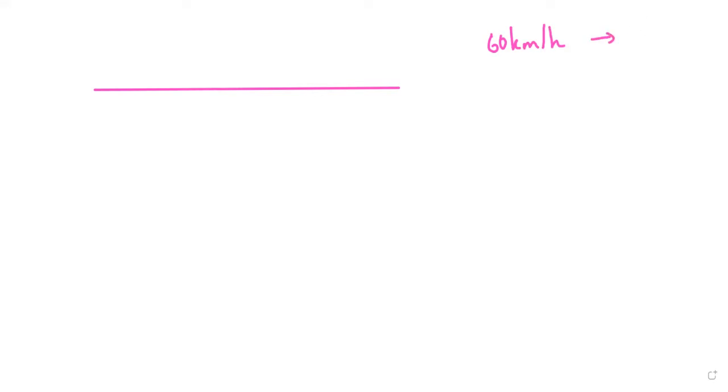Remember, for the first half distance, and during the next half distance it's going to move with 40 kilometer per hour. In the previous question we took the first half time interval, but here we are going to take the first half distance. So please pause the video and try it on your own.